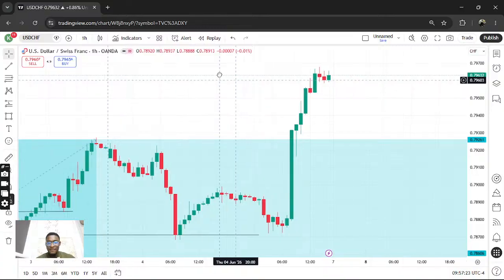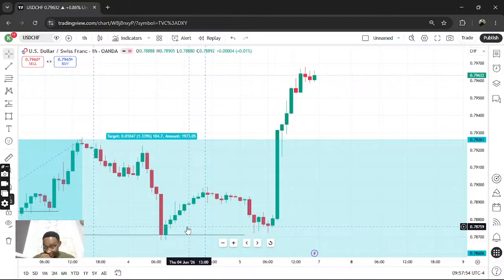Now on Friday, which was yesterday, NFP. This bearish candle you are seeing here that moved very fast is another block. And because of this rejection that happened, the next thing you should be expecting from the market the following day is continuation of bullish movement.